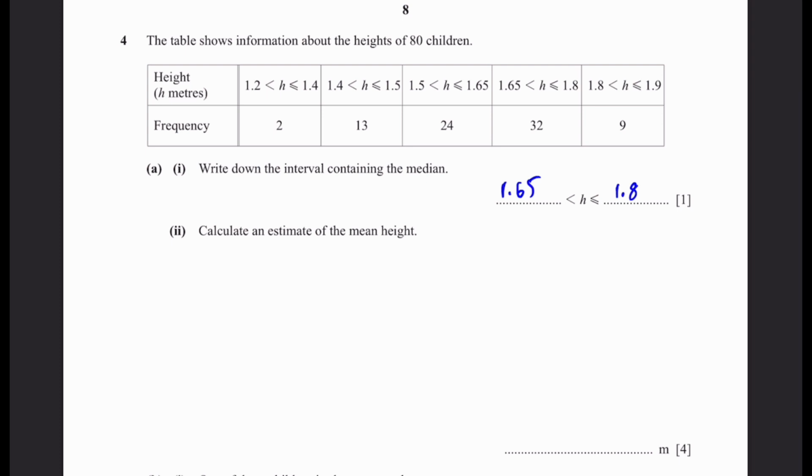Part 2, calculate an estimate of the mean height. So to calculate the mean height, first we need the midpoints. So the midpoints will be 1.3 here, 1.45, 1.575, 1.725, and then 1.85. These are the midpoints, right? Now, the estimate of the mean height will be 1.3 into 2 plus 1.45 into 13.